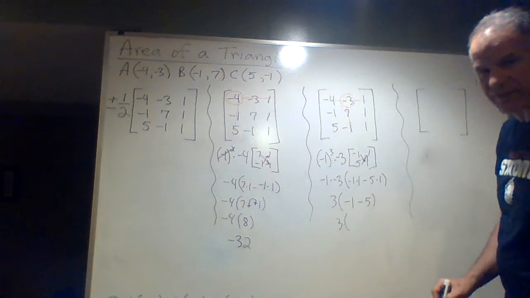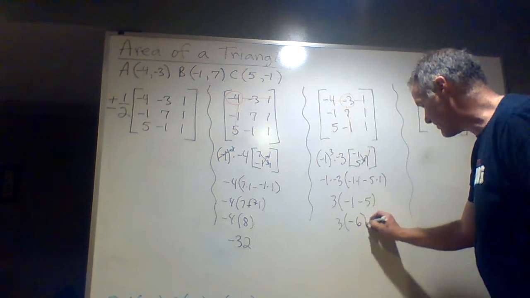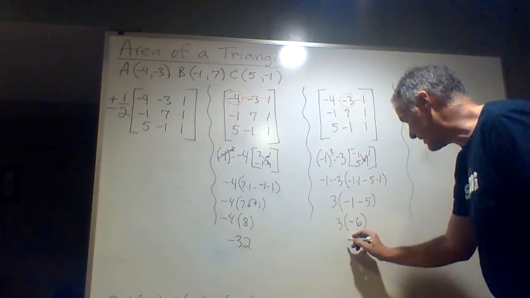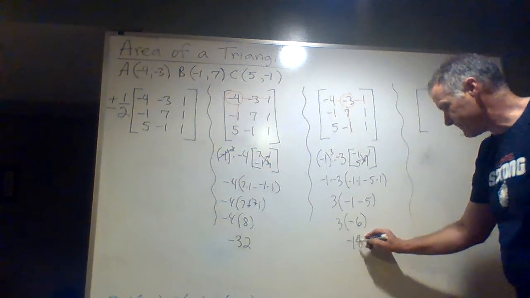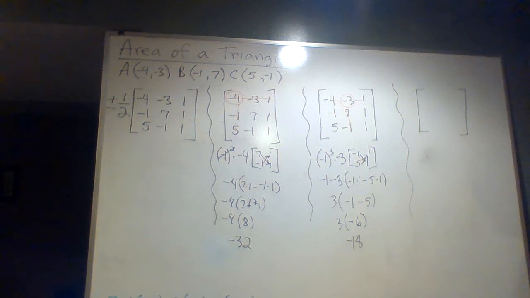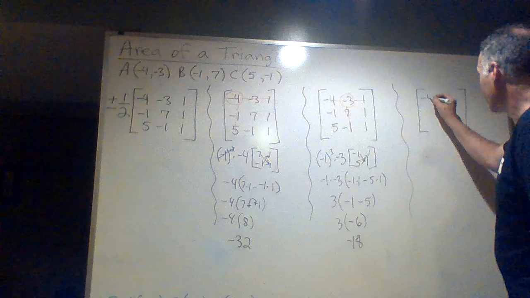Now, guys, we did this in that very first video. -1 minus 5, that's actually going to add together to a -6. 3 times -6. Okay, -18. Okay, so there's my second one. Okay, one more, and we're done.